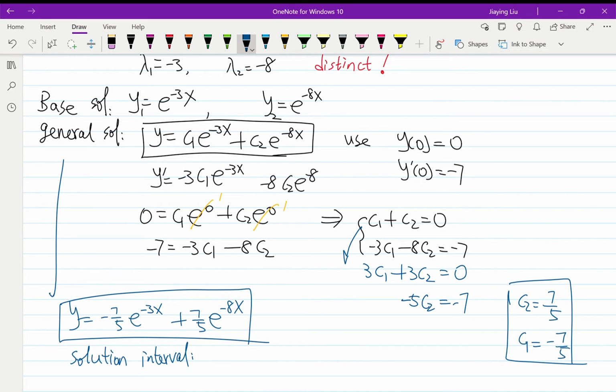For exponential functions, it's just all real numbers. Even with a negative exponent, if we get rid of it we get 1 over e to the 8x, which never becomes 0 in the denominator. So it's all real numbers. Any questions on this?